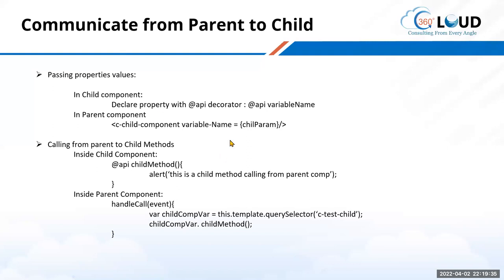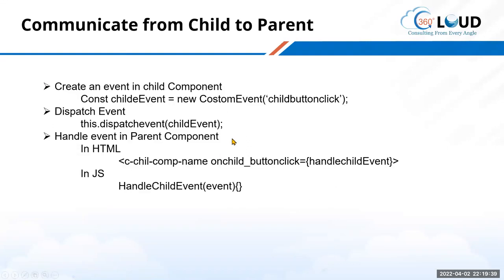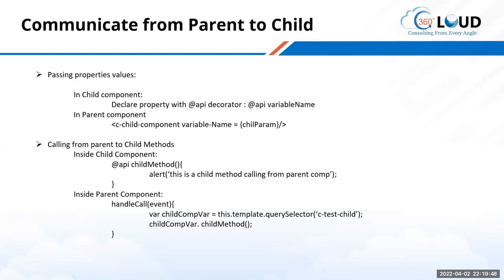Yeah, so we can move ahead with child to parent. For child to parent communication, we go from the inner component to the outer component. For this, we have to create custom events.